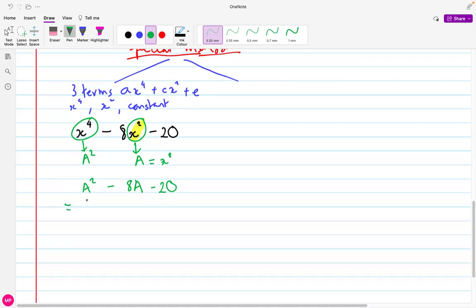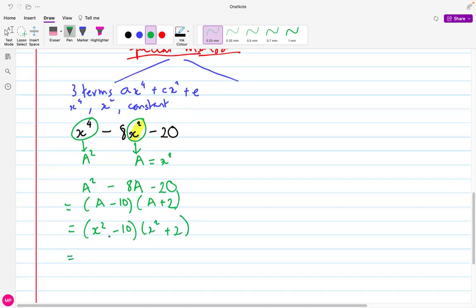Then we factorize this. Times is negative 20, add is negative 8, which is negative 10 and positive 2. Then after you do that, you put a back as x squared because you want to factorize for x, not for a. So x squared minus 10, and here you replace a with x squared plus 2, like that. There you go.